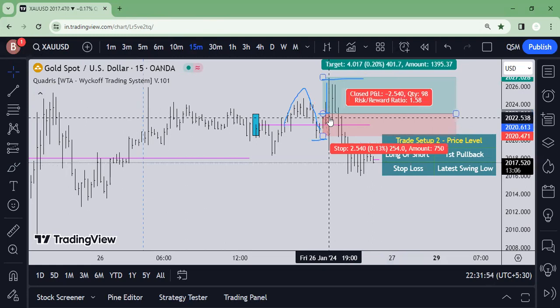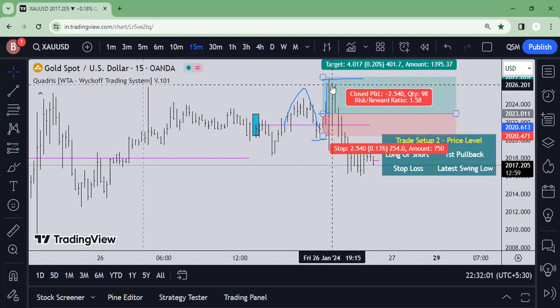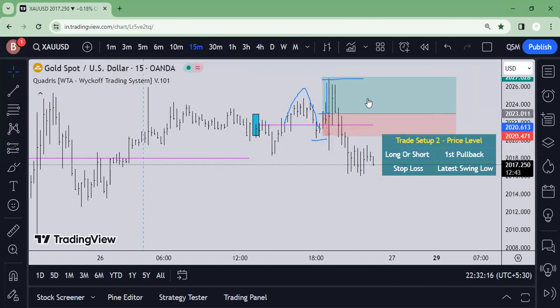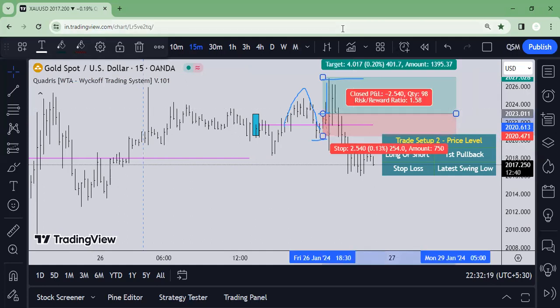That is my training part, which in my training I always train my students: as soon as your 1:1 is achieved, bring your stop loss to break even, so that by doing so you will be in a position to book some profit. As some of you might be planning to join my training, this is how it is.